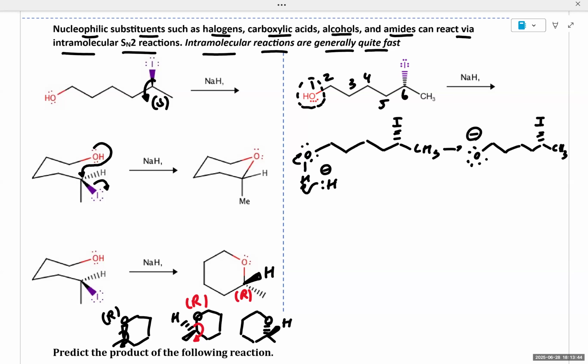From here, my nucleophile is going to attack, and we're going to break the carbon-leaving group bond. Following the rule that I discussed, because the iodine started with a dash, the carbon-oxygen bond is going to get a wedge.